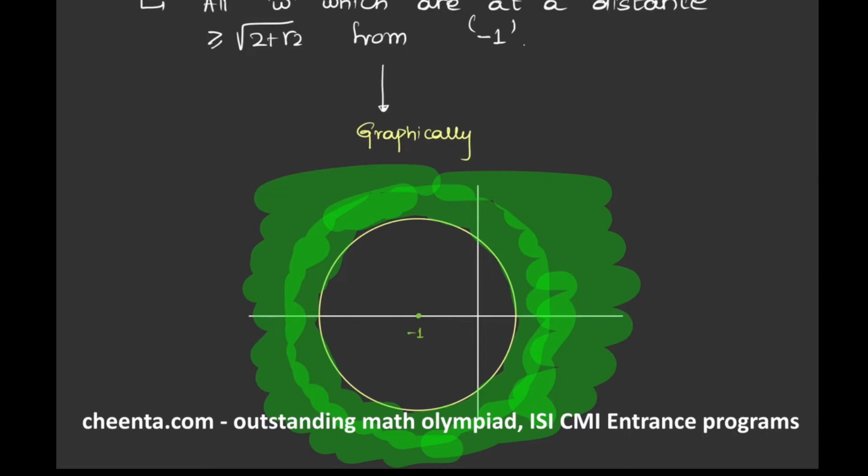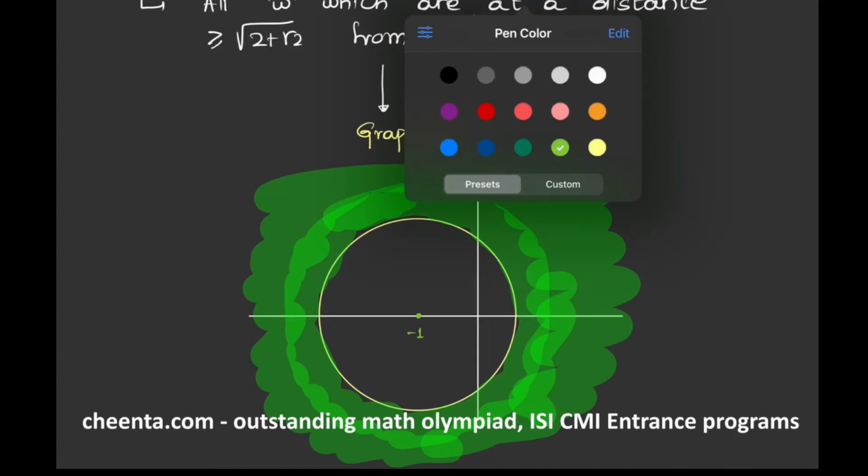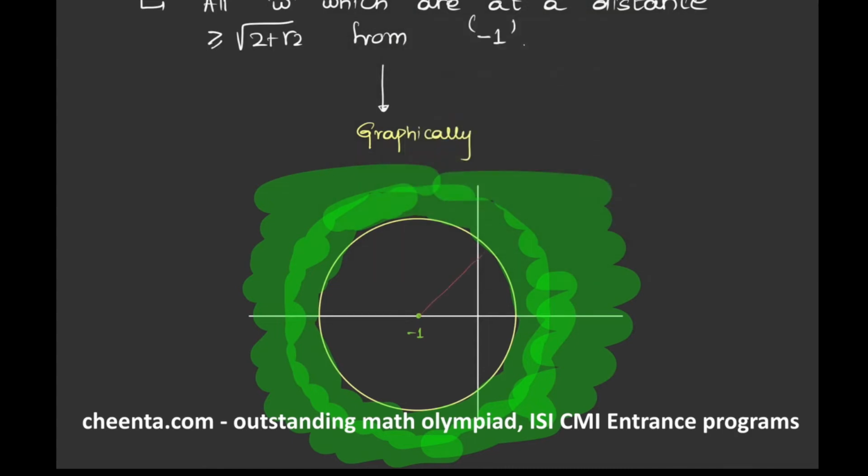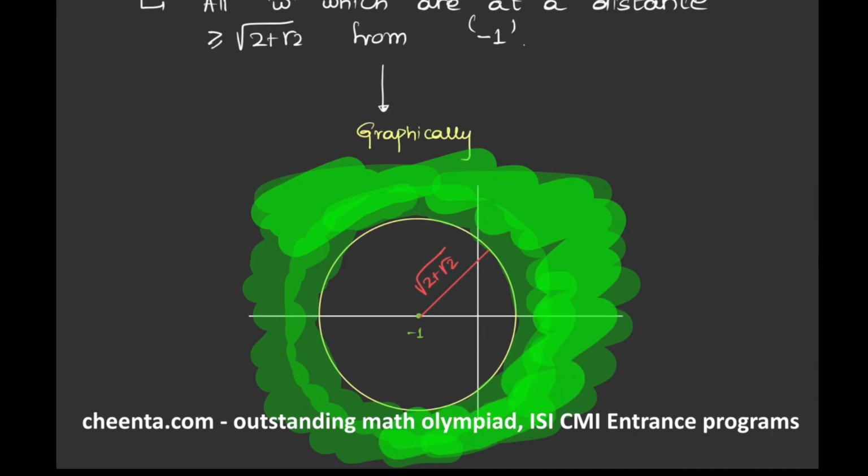First, we find all the points which are at a distance equal to square root of 2 plus root 2, and that will give us a circle of radius square root of 2 plus root 2. So this is actually a circle of radius square root of 2 plus root 2, and all the points which lie outside this circle in this region will satisfy this given inequality.